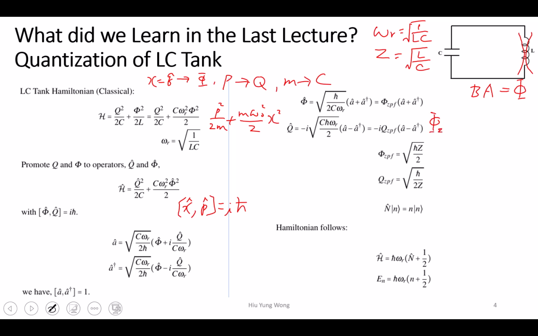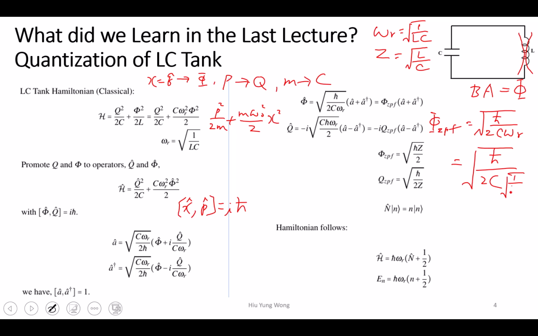The zero-point fluctuation equals the square root of h bar divided by 2C omega R. But what is omega R? Omega R equals square root of 1 over LC, as I put above.